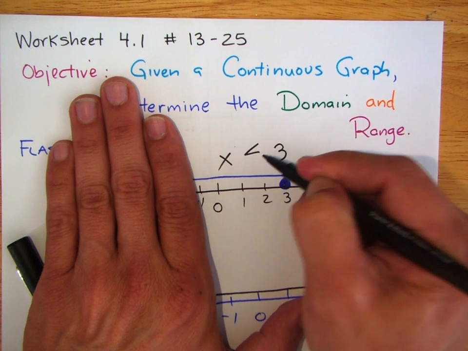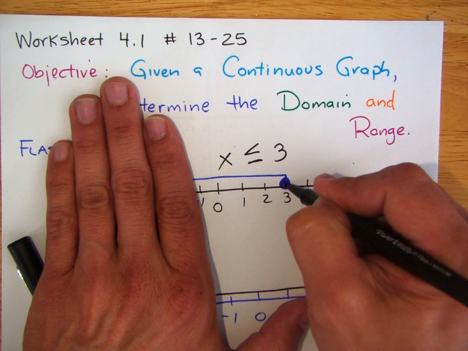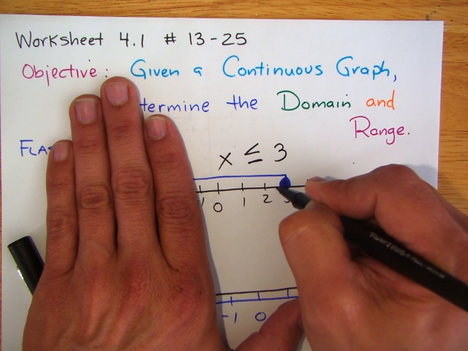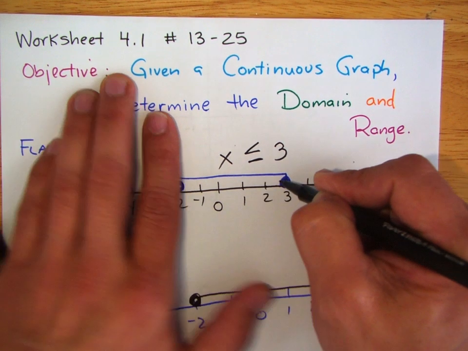So they're smaller than and equal to 3, because it could be 2.99, 2.98. It doesn't have to be 2. It could be 1. It could be 2.